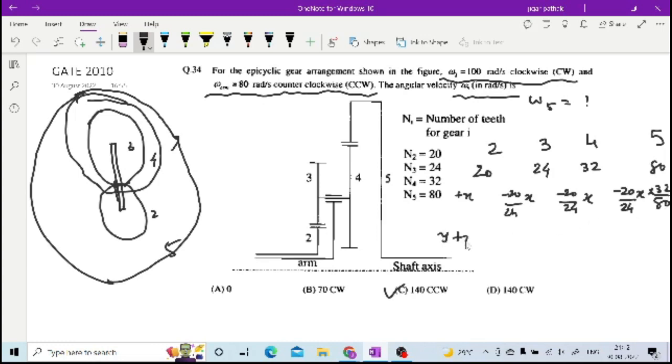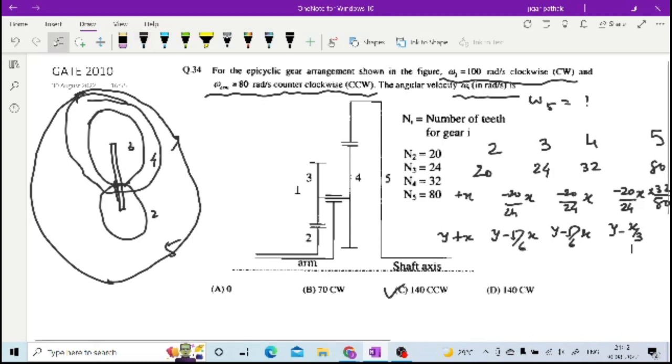Y plus x, then y minus 5 by 6 x, then y minus again 5 by 6 x, and then y minus x by 3, I guess. So now when you put the values you will get the answer. I am not doing it now because you all know it now. Is it fine?